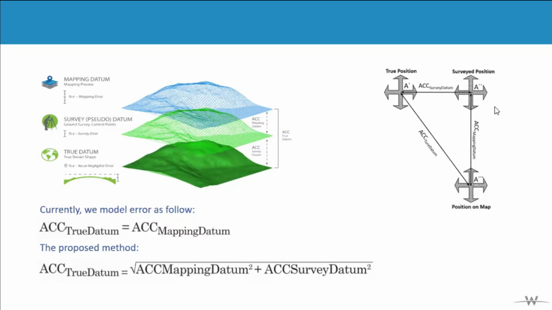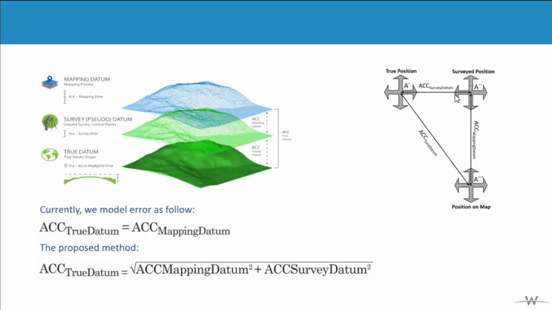If you look on the right, I give you maybe another way to understand it in vector form. If this is my position A triple dot on the map, I compare it to the checkpoint, and I express my accuracy as this, while I'm ignoring how far the survey position is from the true position, which we assumed zero, which is definitely not zero.